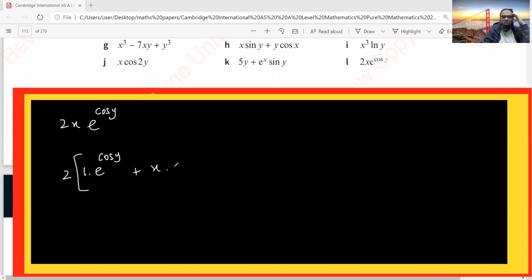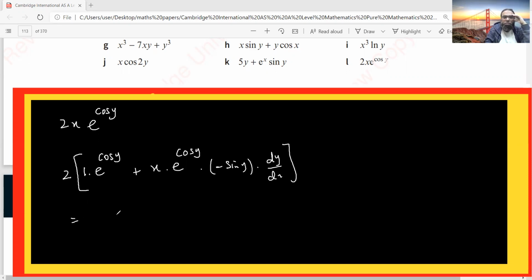Now, e raised to cos y derivative is e raised to power cos y... No, no, no. You will first write minus sine y, and then you will write dy by dx, because the power is cos y. The cos y derivative is minus sine y and then dy by dx.